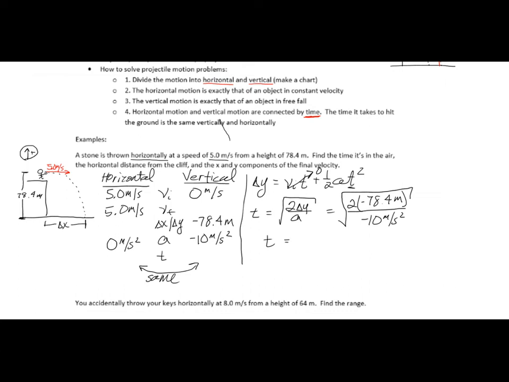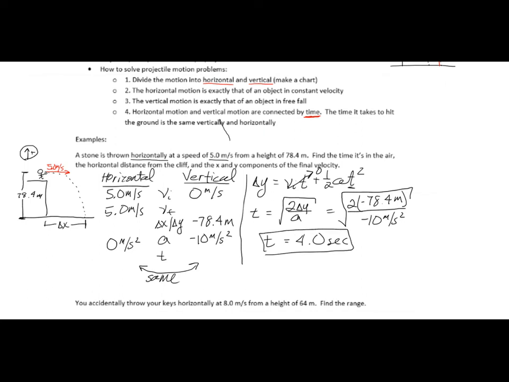And so when we do that math, we get an answer of 3.96, which I would round to 4.0 seconds.